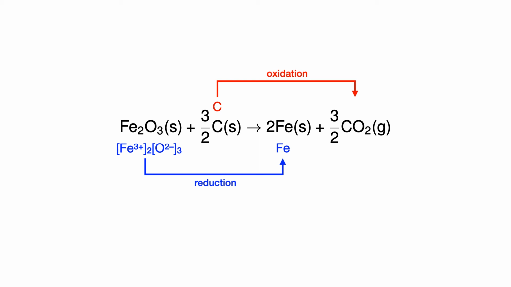Now, we just finished saying that in an oxidation process, electrons are lost, and so the carbon atoms are somehow losing electrons, but we're not forming ions here. Carbon dioxide is not an ionic compound, it's a molecular compound.